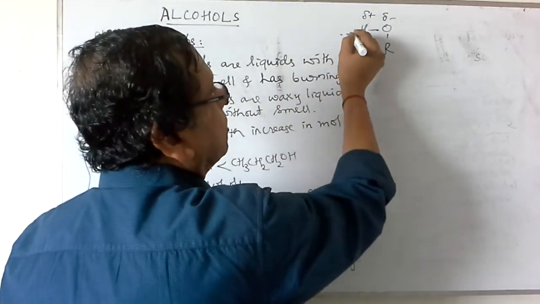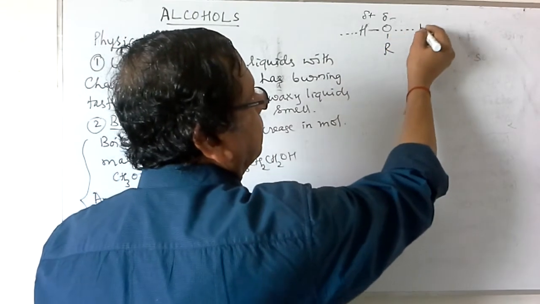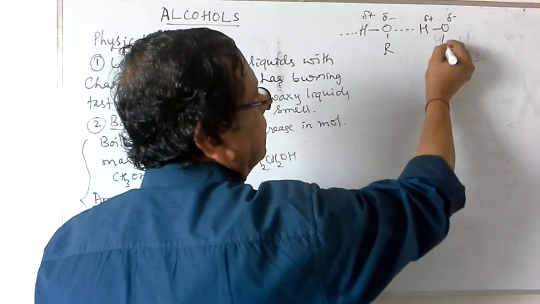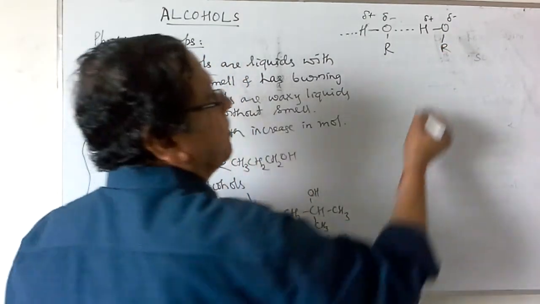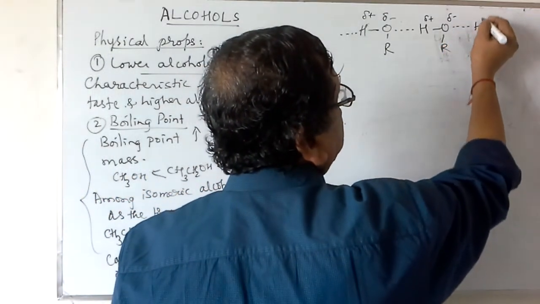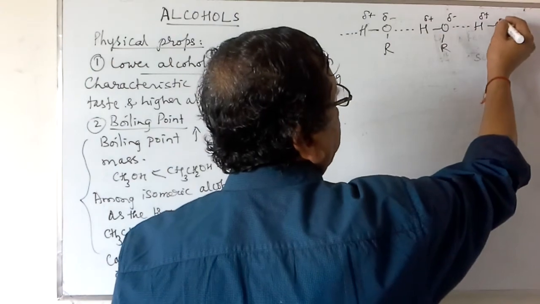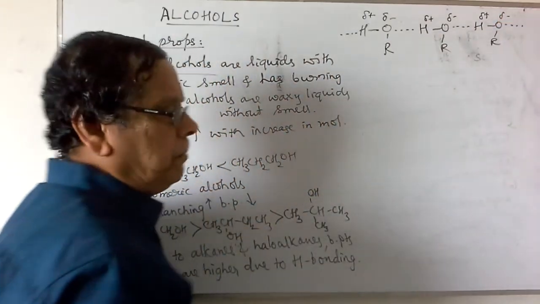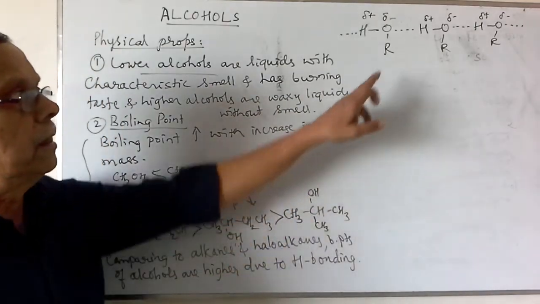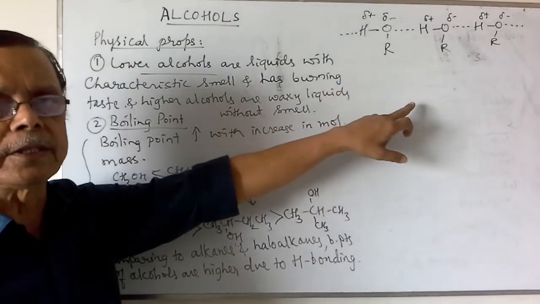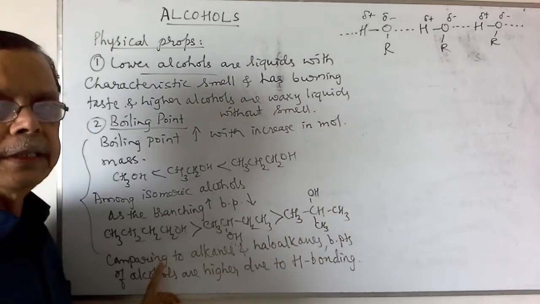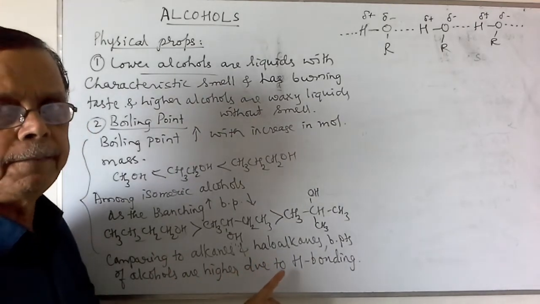The hydrogen is linked to the oxygen atom of the other molecule, H delta plus and O delta minus, R. Similarly, this links to another molecule, and so this continues. Because of the extensive hydrogen bonding among the molecules of the alcohols, they have higher boiling points as compared to the hydrocarbons and haloalkanes.